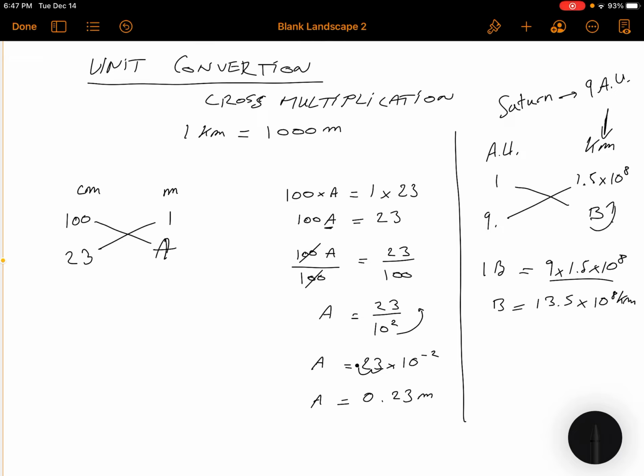This is in the kilometer column, so the unit has to be kilometer. Be very precise and always write down the unit for your result. So that's how you do unit conversion using cross multiplication. Now the choice is yours. You can either use the method I just demonstrated here, or use the stoichiometric ratio, which is explained in the lab, to convert the units on pages 2 and 3 of the lab.